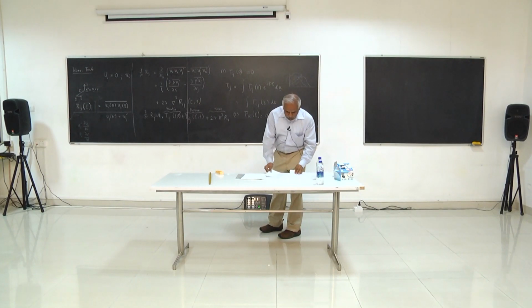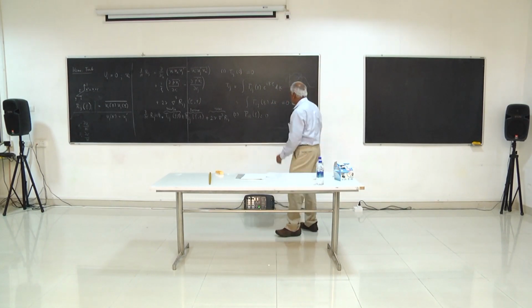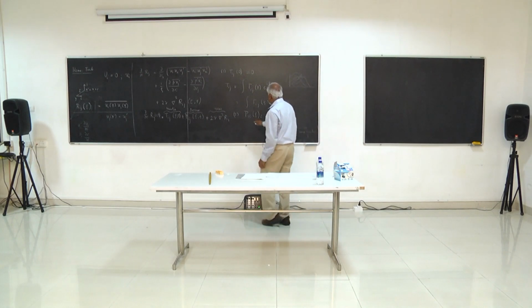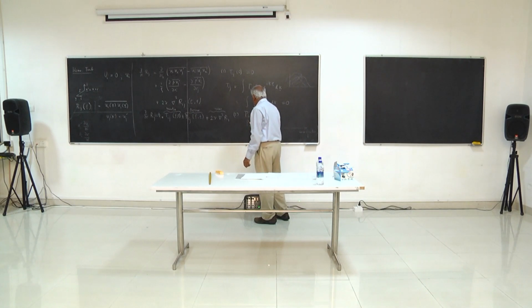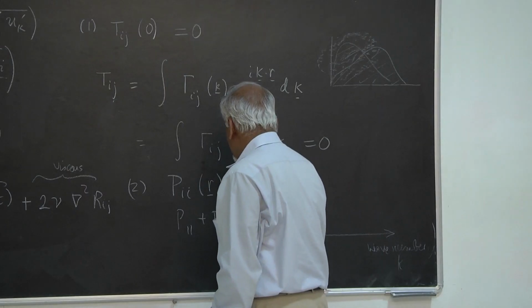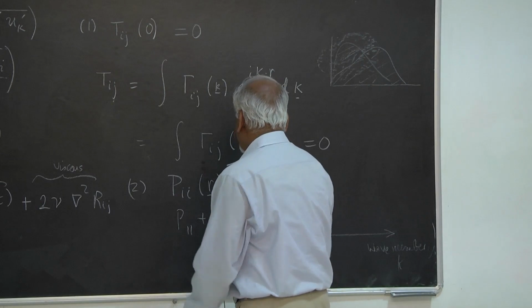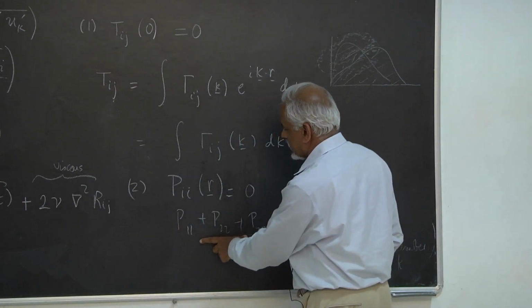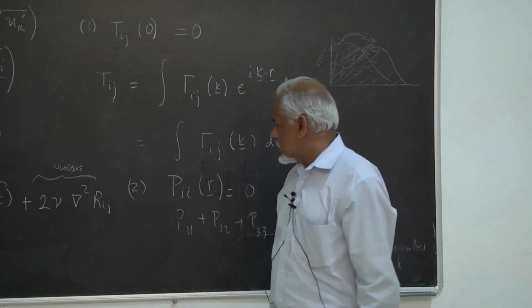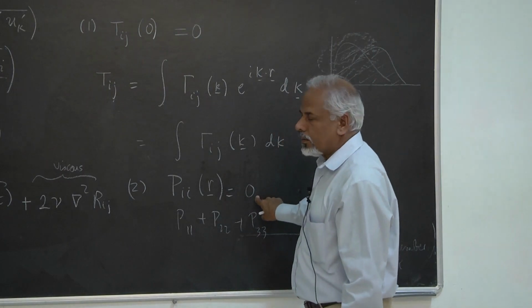So what this suggests is that PII is just this, so P11 plus P22, etc., right? So when you sum up all the pressure effects for all the three components, the sum will be 0.